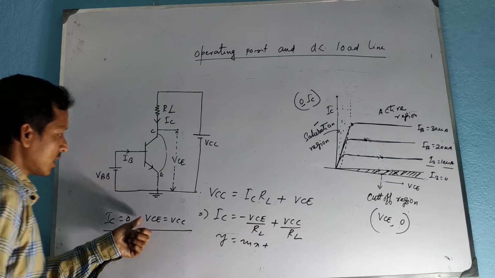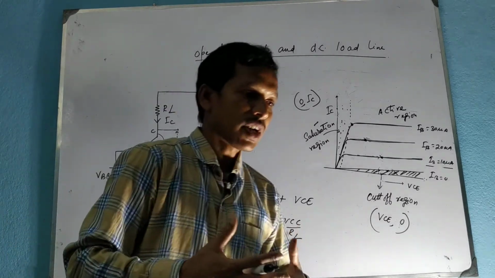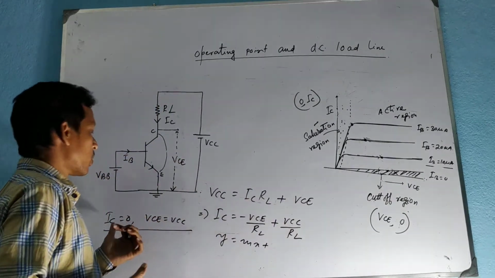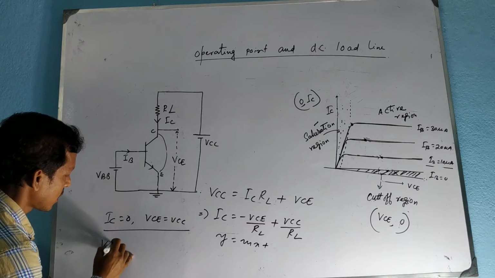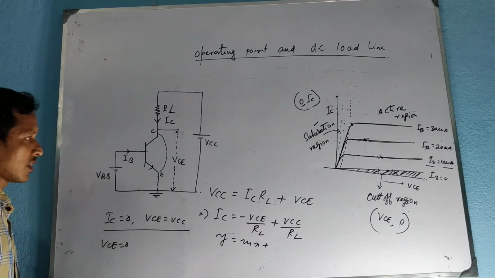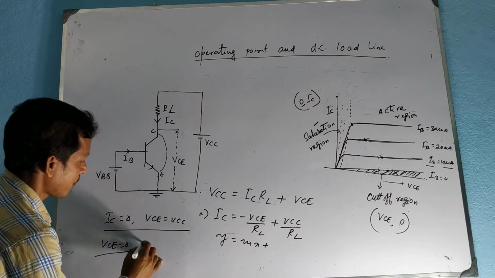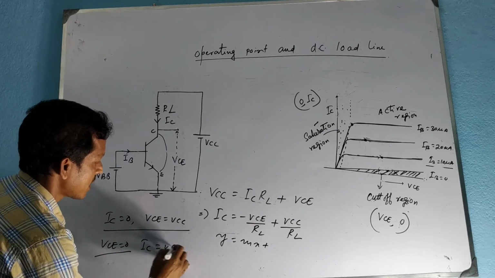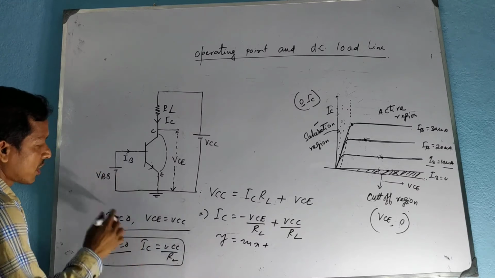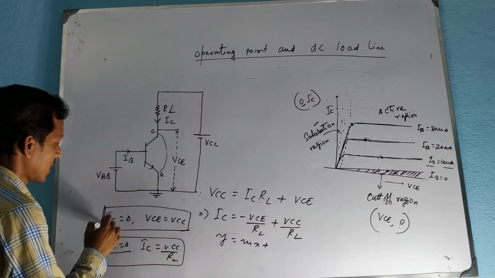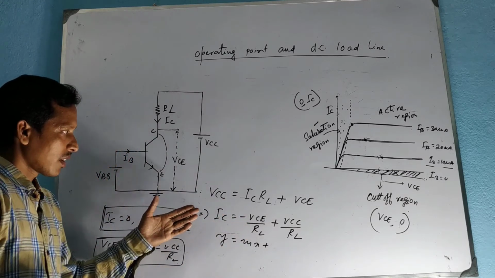So, this is one point of the straight line. We know for drawing a straight line we need 2 points. For another point we choose VCE equal to 0. What will be the value of IC for VCE equal to 0? IC will be VCC by RL. So, this is another point. These are the 2 points through which this straight line is drawn.